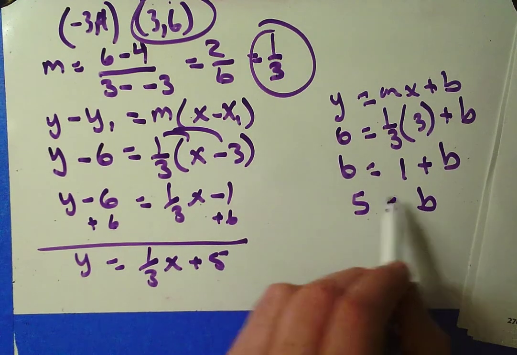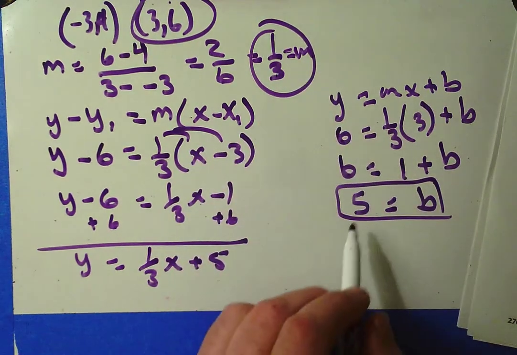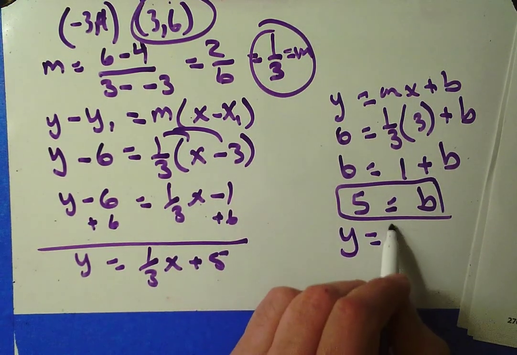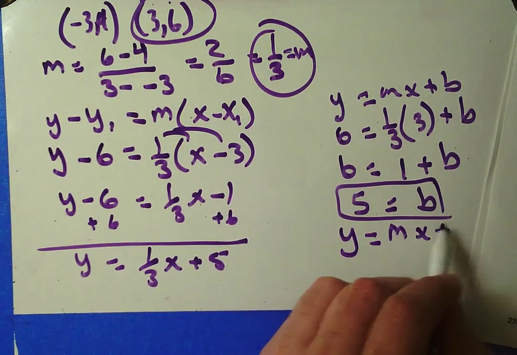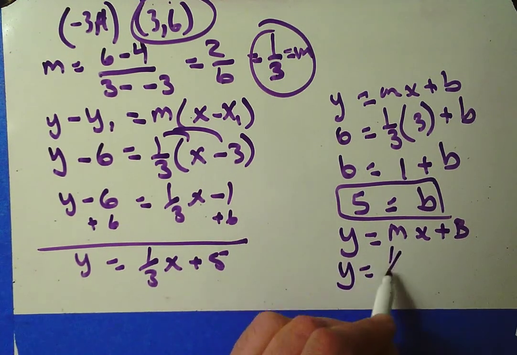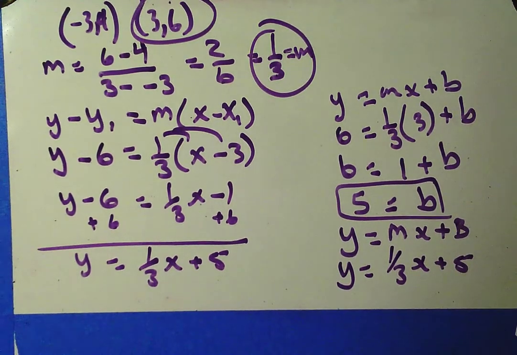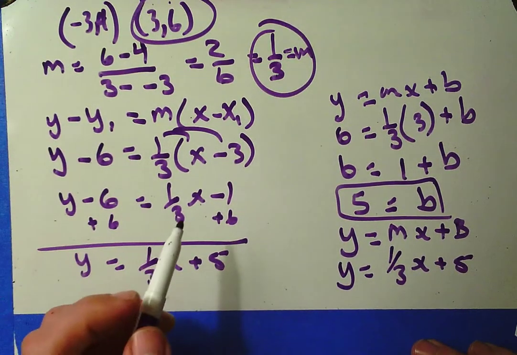And now that I know that b equals 5 and m equals 1/3, I go back to y equals mx plus b, and I plug these values in. So y equals 1/3 x plus 5. Ta-da! There's number 3.